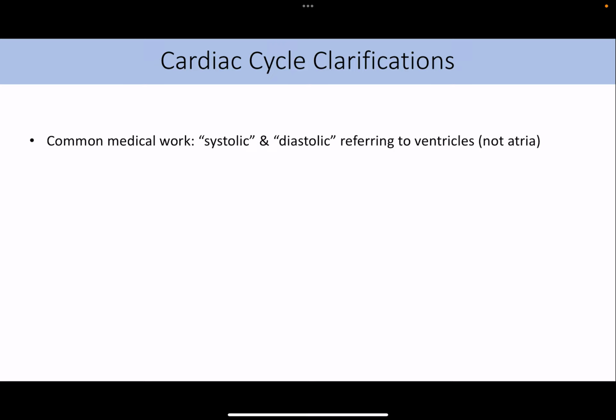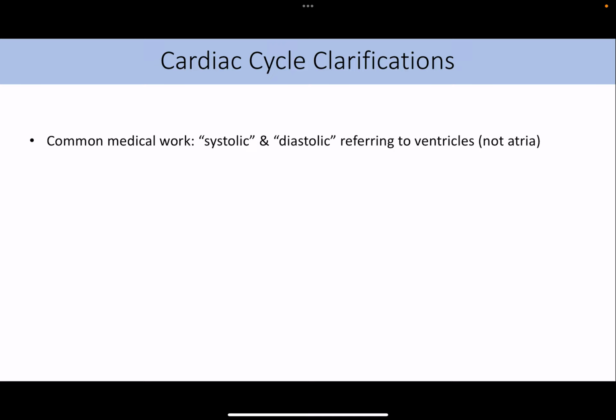So some cardiac cycle clarifications. In common medical work, when we talk about the terms systolic and diastolic, we mean the ventricles. We're talking about ventricular systole and ventricular diastole. Now there is atrial systole. We just talked about how the atria contract and push the remaining blood down into the ventricles.